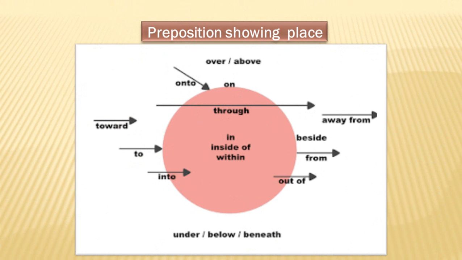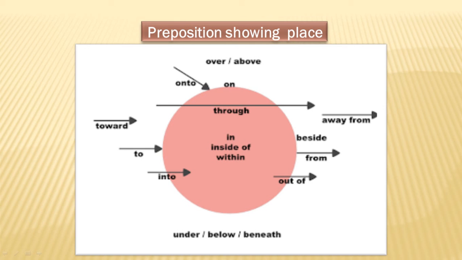At first I am showing you a diagram of preposition. This is a very common diagram of preposition. If you understand the diagram, then it will be very helpful to be clear about prepositions. If we look into the diagram or chart, we find that over or above means that it is not attached to the object.